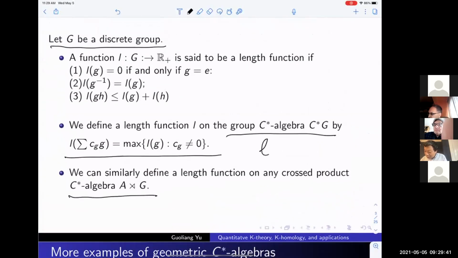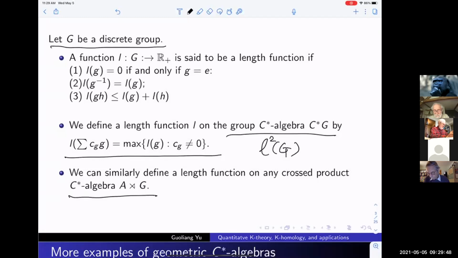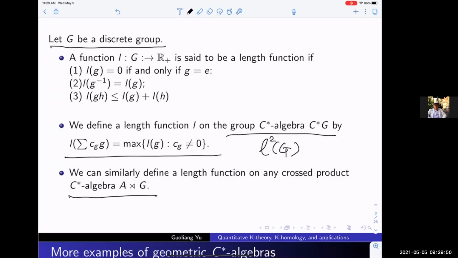Now you are acting on L2 of G, so you are translating the basis elements, each group element. So this length is like how much distance you are translating. Sometimes we call it propagation. It's like waves: how much it's propagating.